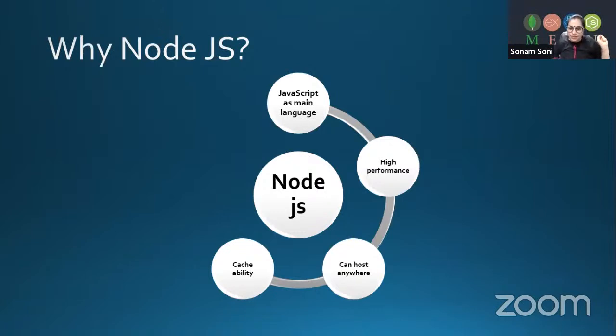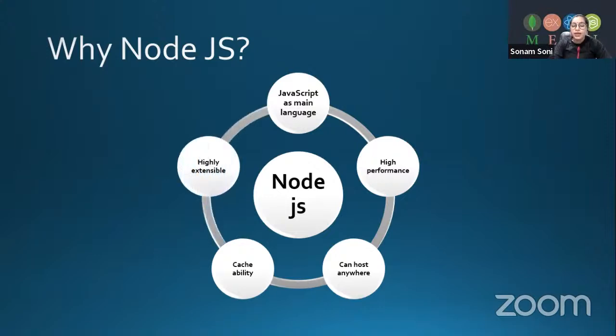So time is saved, and performance is faster. That's why it provides high performance and is highly extensible. Easily you can extend it with any databases or any middleware, and through that you can create APIs. Because of that, we have selected Node.js as our backend language.